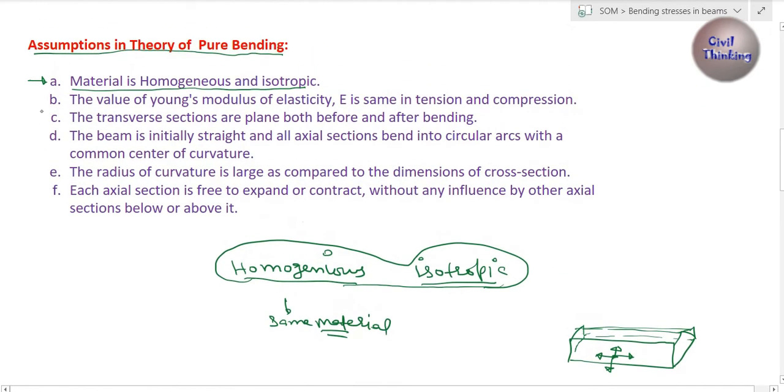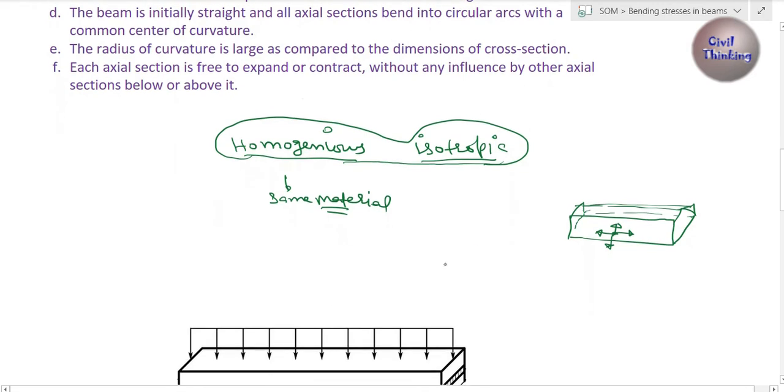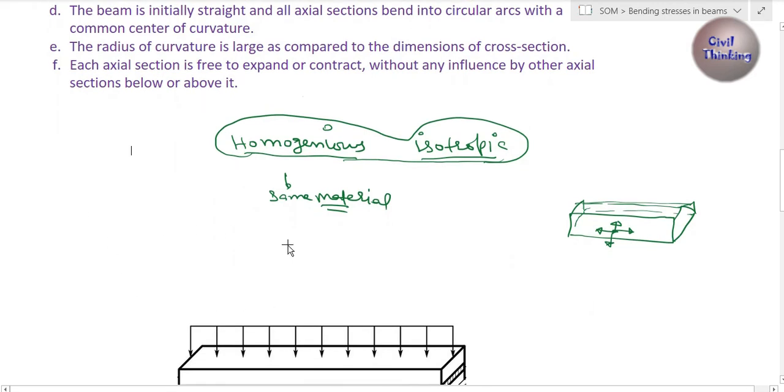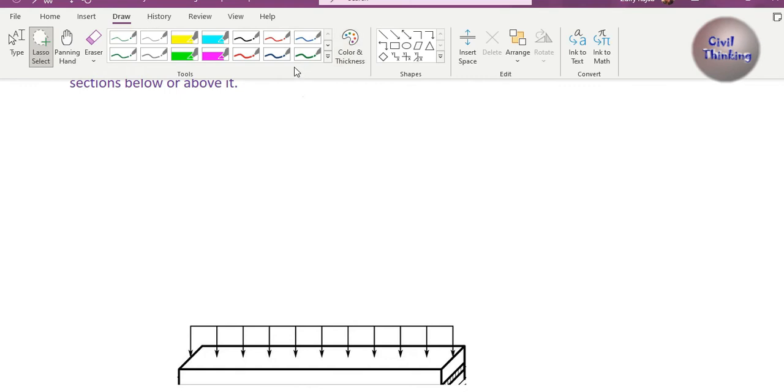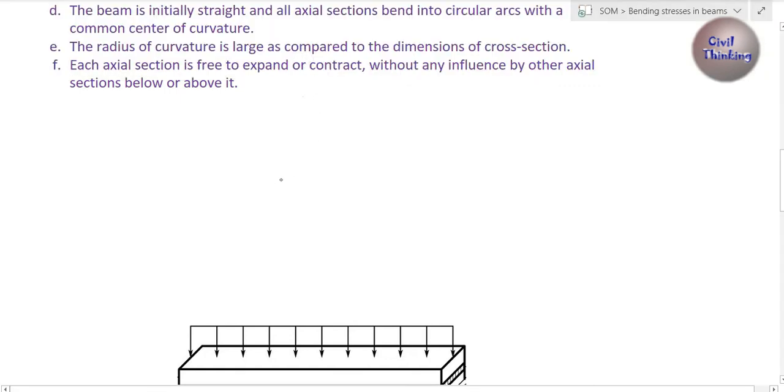Okay, now let's see B. The value of elasticity E is the same in tension and in compression. What does that mean? Now let me consider a beam.